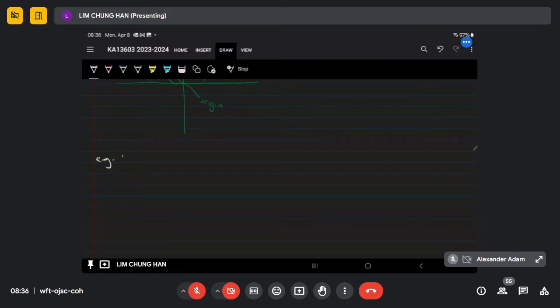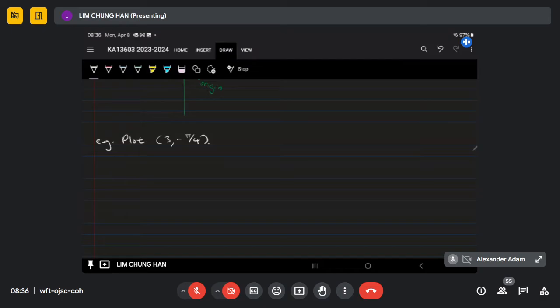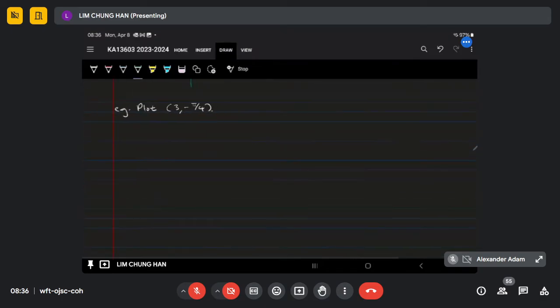Plot 3, negative pi/4. The way you do this is the same. You take your graph paper, you draw a cross.